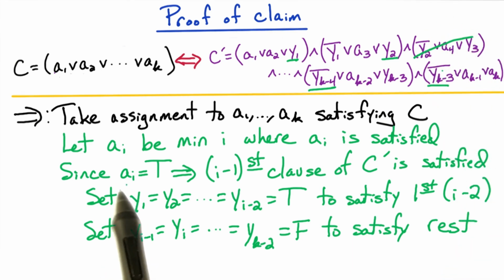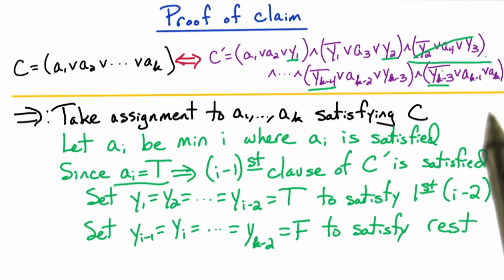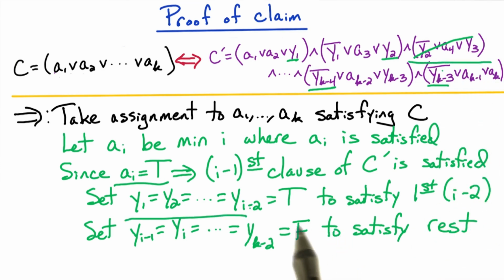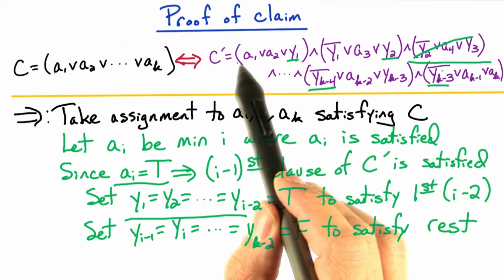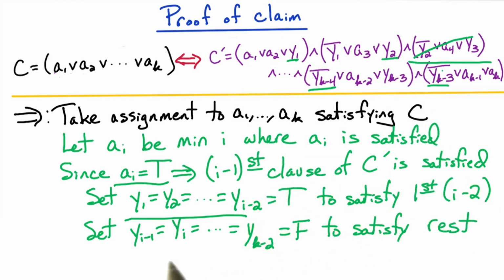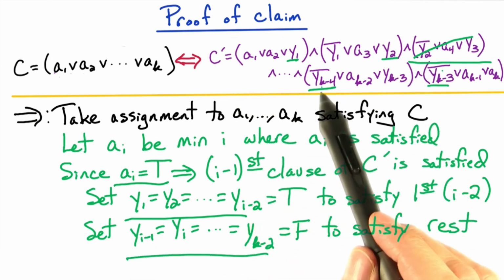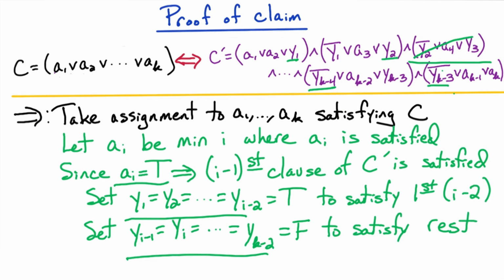The punchline is that this literal satisfies the (i minus 1)th clause of C prime. We use these auxiliary variables to satisfy the earlier clauses, and we use these auxiliary variables to satisfy the later clauses. So we only need one literal of C to be satisfied, and then we can use the auxiliary variables to satisfy all the other clauses of C prime.